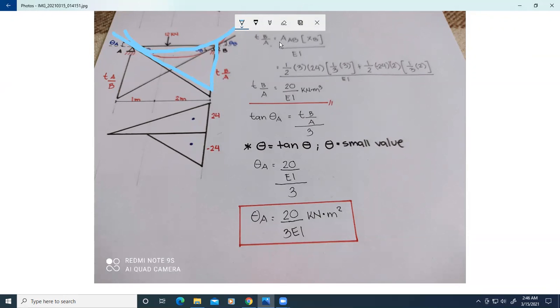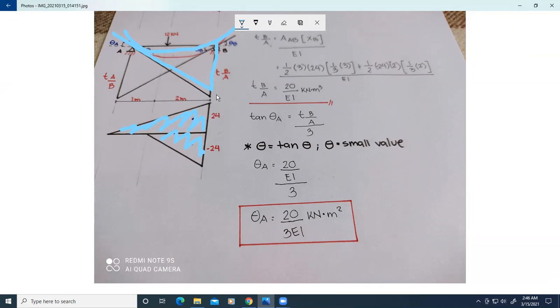The formula gives us the area from A to B, this area, times the centroid, over EI. Knowing that the centroid of a triangle is 1/3 or 2/3 based on its reference point.